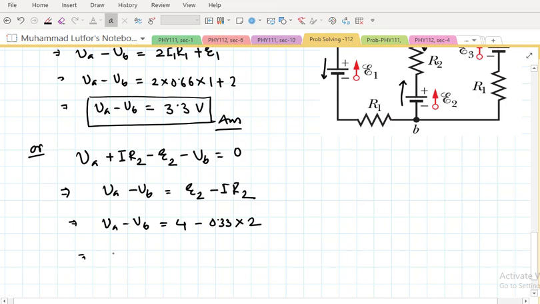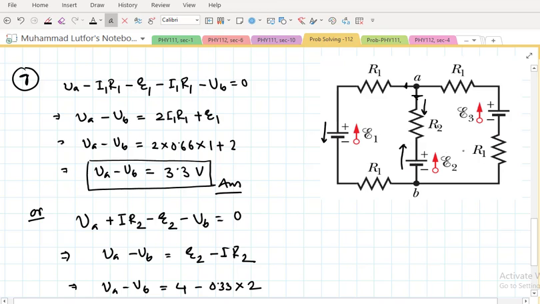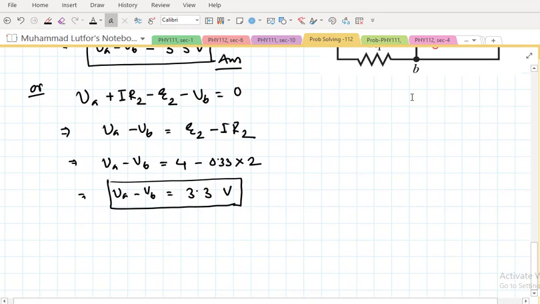Then I find VA minus VB is 3.3 volt again, so it is the same. That means if you go through any branch, either the one in loop number 1 or this branch or that way, the voltage difference between the two points A and B would be the same. So that is the answer to question number G. Okay, thank you very much.